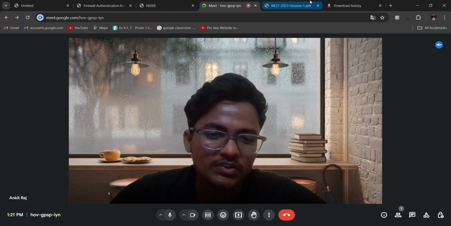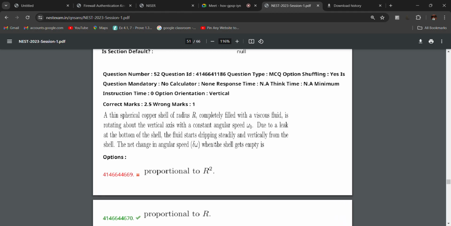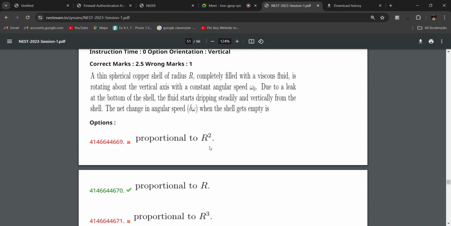Your theory should be very clear. As we can see, the first question: a thin spherical shell of radius R completely filled with viscous fluid is rotating about the vertical axis at a constant speed omega naught. Due to a leak at the bottom of the shell, fluid starts dropping steadily vertically from the shell, and the net change in angular velocity when the shell gets empty.